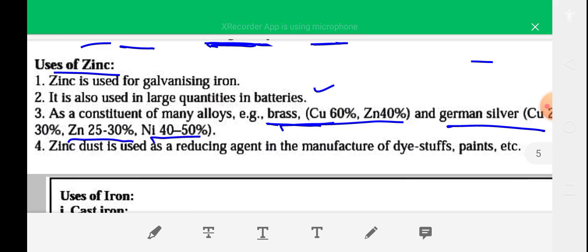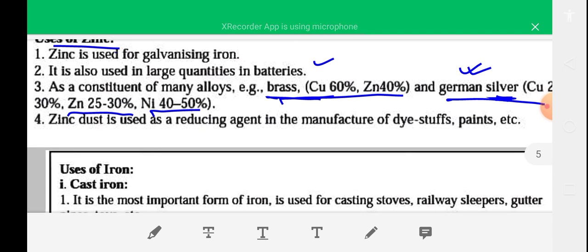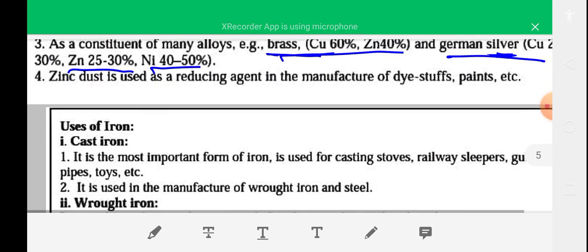So remember that in German silver no silver is present. It is actually an alloy of zinc, copper and nickel. Okay, and zinc dust is used as a reducing agent in the manufacture of dyes, stuffs, paints, etc.